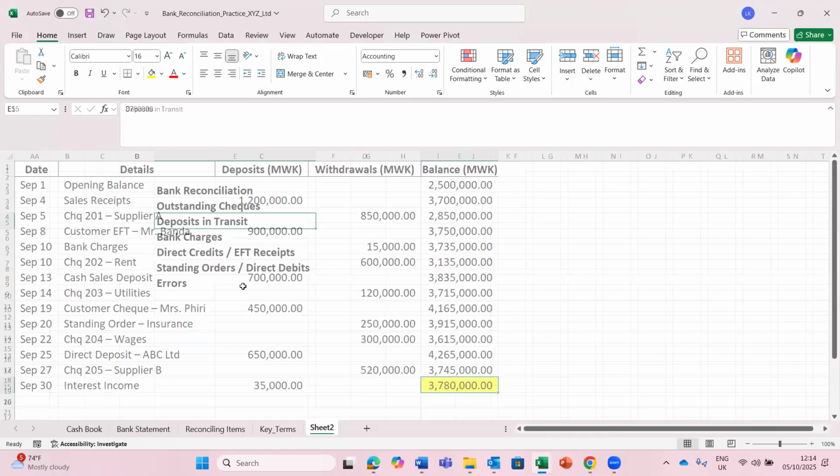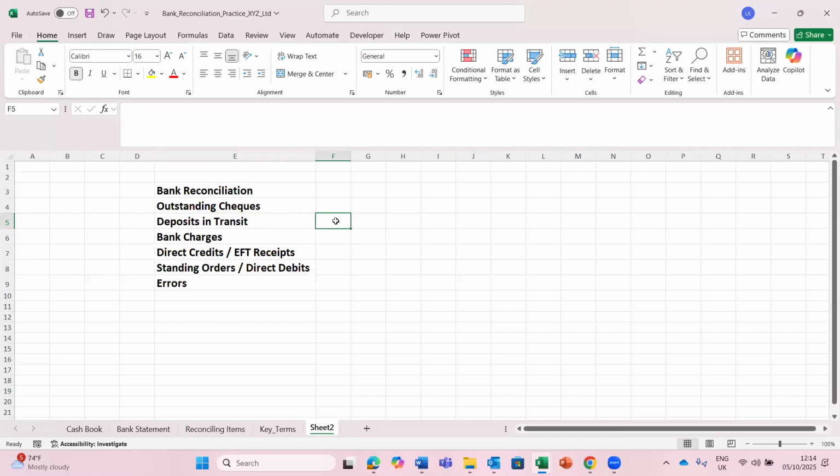So you have what? Deposits in transit. These differences arise as a result of a timing difference, right?